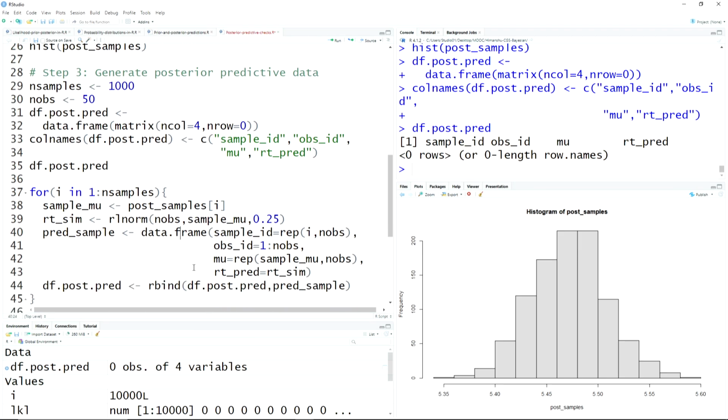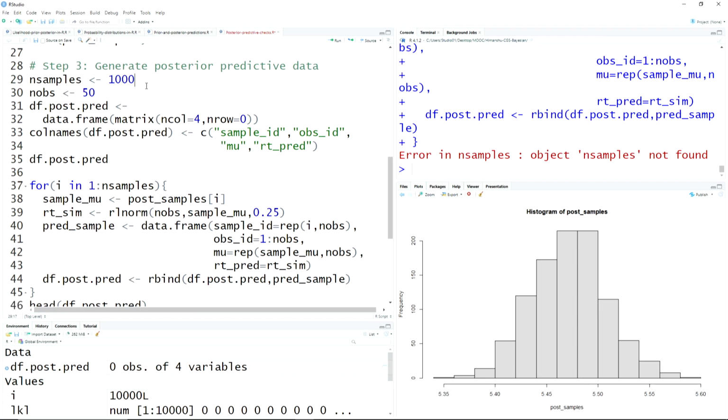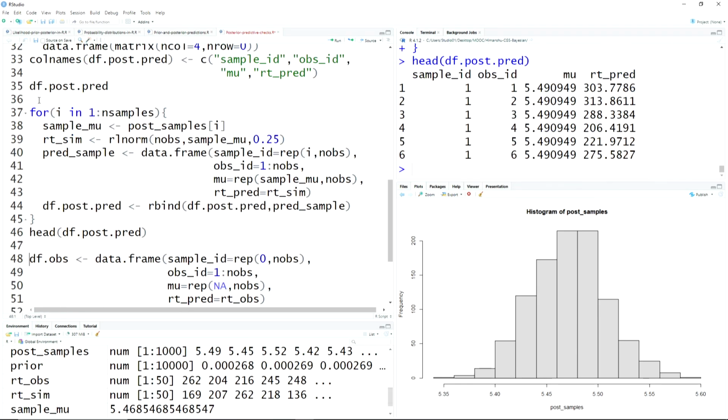This gives me a single posterior predictive sample, and then I store it in the overall data frame for the posterior predictive samples. When I run this loop, this will end up giving me a data frame containing 1000 posterior predictive samples.